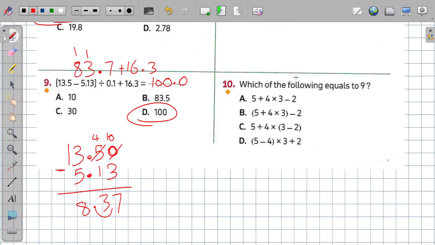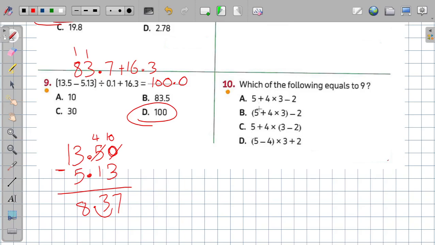Listen to this question and look carefully at the answers. Which of the following equals 9? Listen and look carefully. All of the choices have 4, 5, 3, and 2.